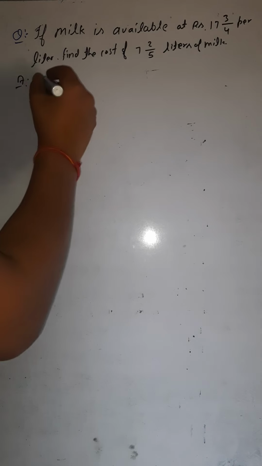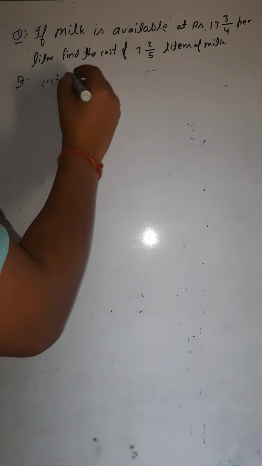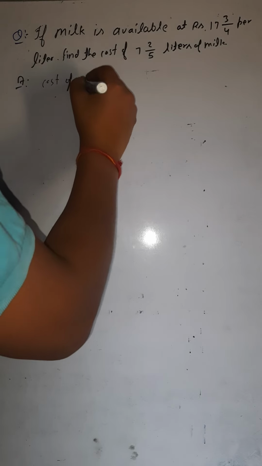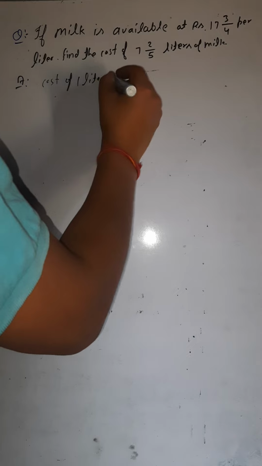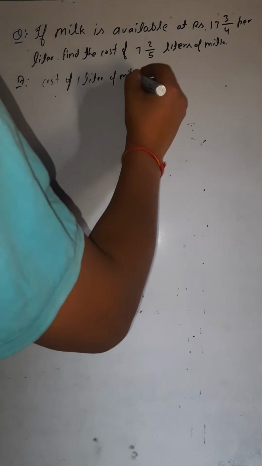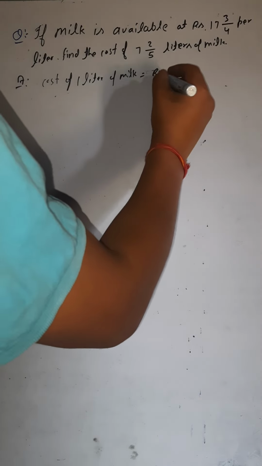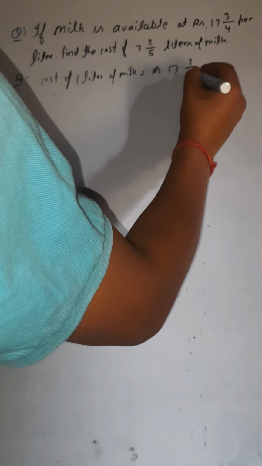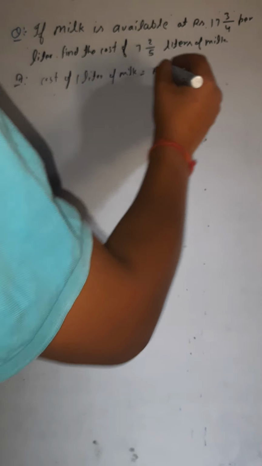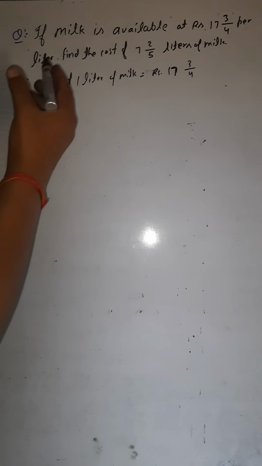So what would you do? Yes, we would multiply this. So just write here, cost of 1 liter of milk is how much? This much. Rupees 17 whole 3 by 4. This is the cost of 1 liter of milk. You have to find out the cost of this much liter.